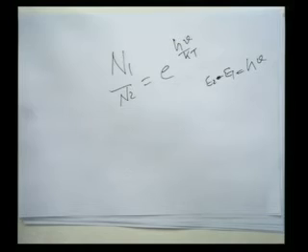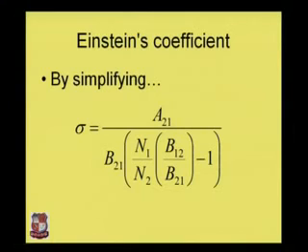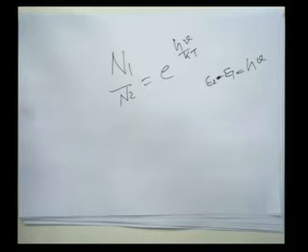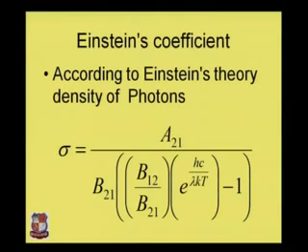Now you can replace N1 by N2 with this value of the ratio. In that case we get the density of the photon as A21 divided by B21 into B12 upon B21, into e raised to hc by lambda kT minus 1, right.